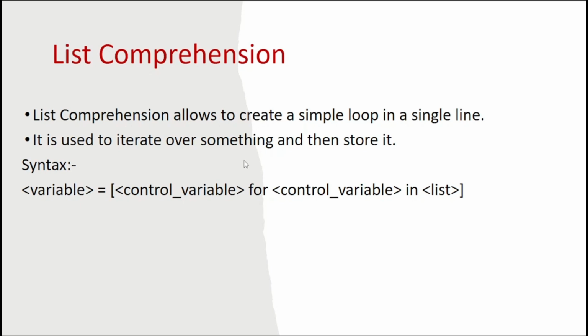So you say for, and then you have the control variable like for i in something such as a list, and then you have to store this i, which is basically that element, inside this variable. Of course, you can make some changes over here such that you want a specific change in that element. You can do that over here. So let us just understand how it works using a simple example.